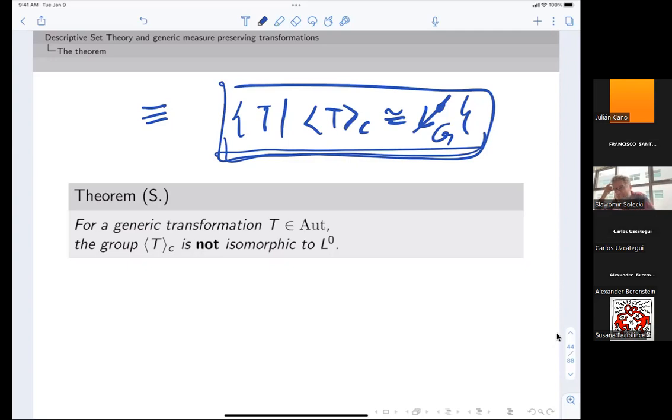Okay. So, you can just kind of daydream what it might be. You see, there are various restrictions. These groups, generically, are very similar to L0, as I already mentioned. So your candidate would have to be very similar to L0 without being L0.